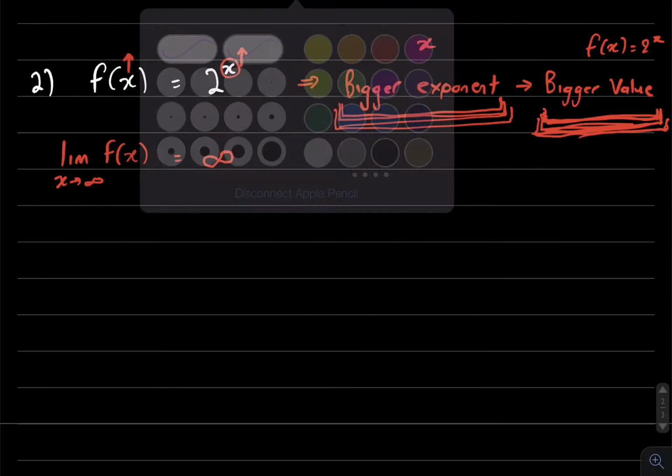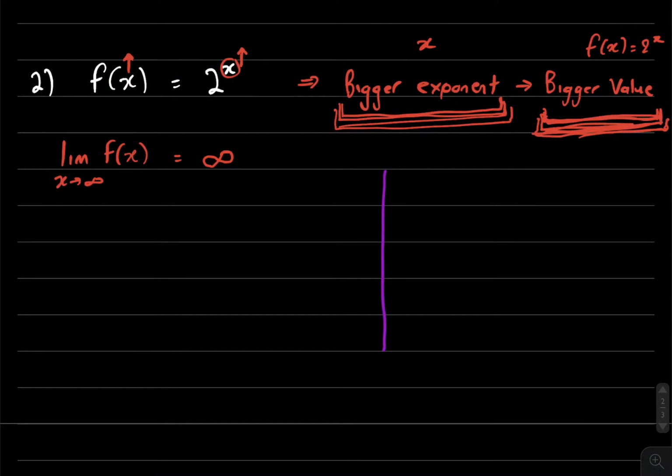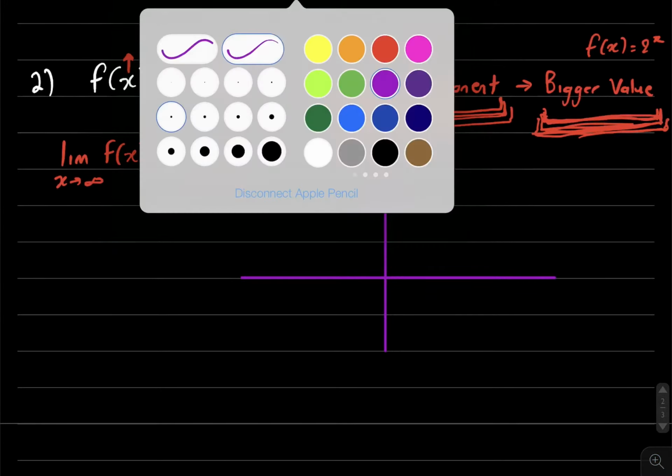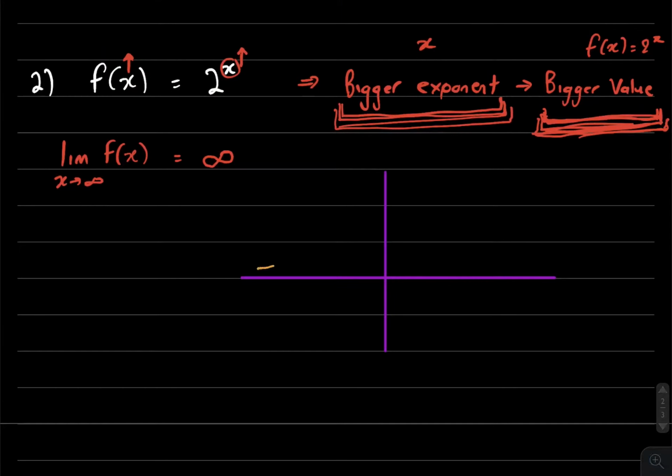If we want to confirm, we can draw out our function and see what it actually looks like. So just to make sure that we are actually correct, we can draw out the graph. It's an exponential function. Looks like that. It cuts the y-axis at 1. So we can confirm by saying, okay, what does y approach as x gets bigger and bigger and approaches infinity? y also gets bigger and bigger, right?